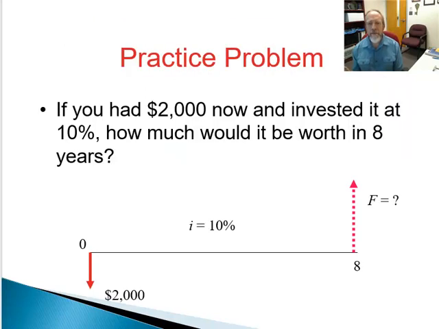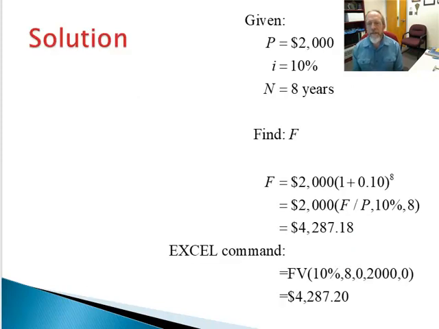Now, a simple problem. If you had $2,000 now and invested at 10%, how much would it be worth in 8 years? Well, you can do this calculation. You've got everything that you need. You know all the equations. P is 2,000, i is 10, n is 8.